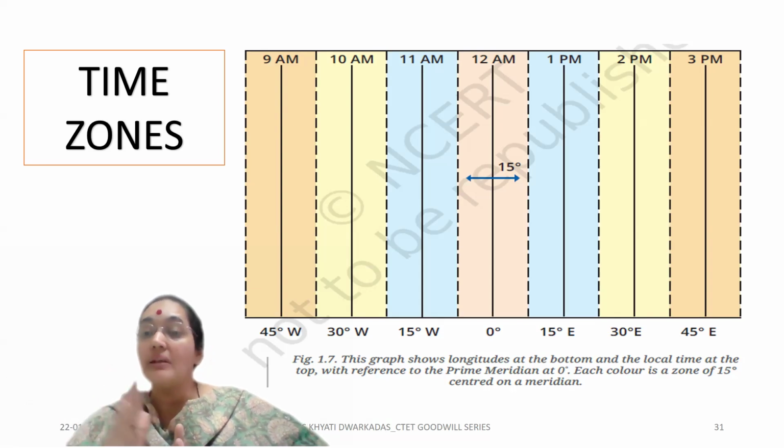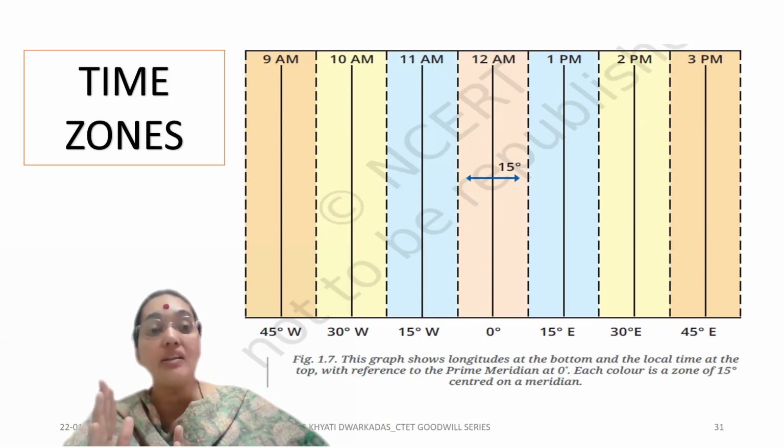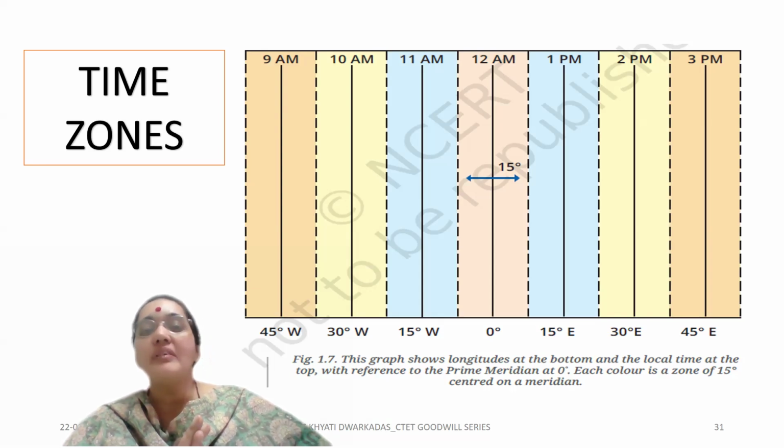Time increases when you go to the east. So if it is 12 o'clock at one longitude and you move east of that longitude and you try to determine the time of a place east of a longitude, you will increase the time by the number of degrees.